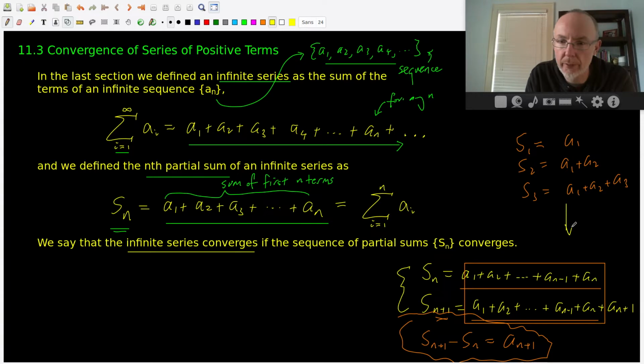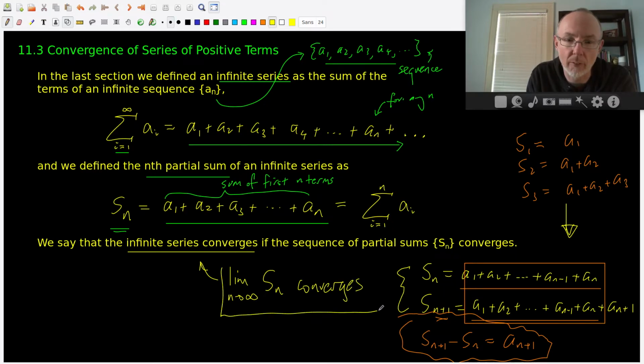In other words, if this sequence of partial sums, I'm going to list out all the partial sums, if they get closer and closer to a number, then I'm going to say that the series itself converges. In other words, the infinite series converges if the sequence of partial sums converges. That is, the limit as n goes to infinity of S sub n converges to some finite number.